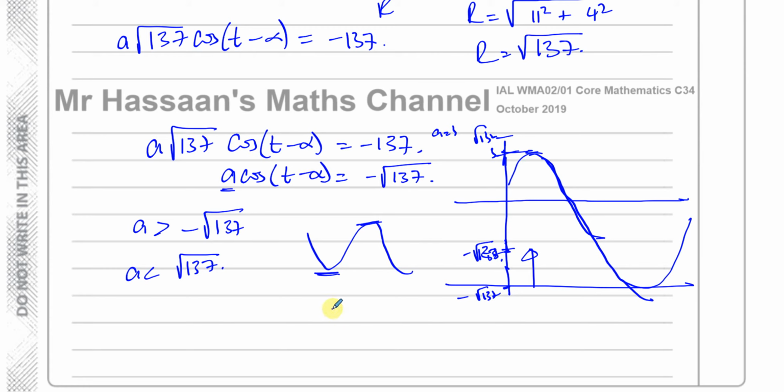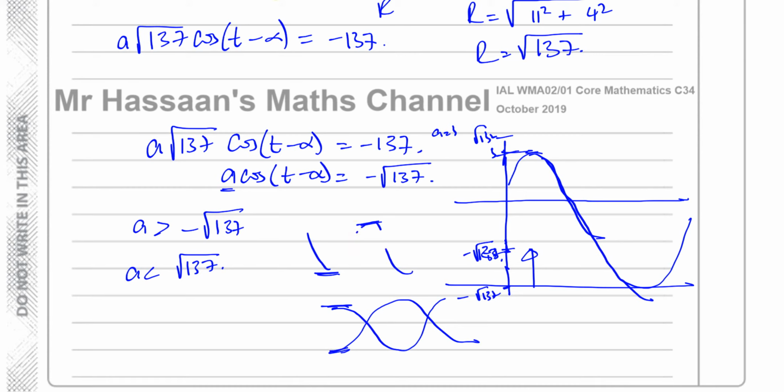The cosine curve, which has a positive coefficient, will go like this, for example, between 0 and 2 pi. But if it has a negative coefficient, it will just go like this instead. But it will still reach the same highest and lowest value if the magnitude of that coefficient is the same.